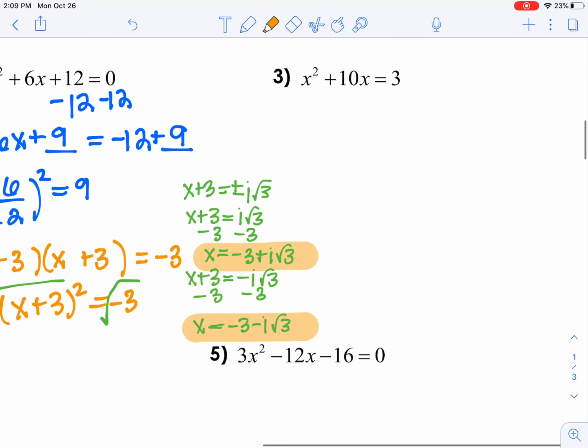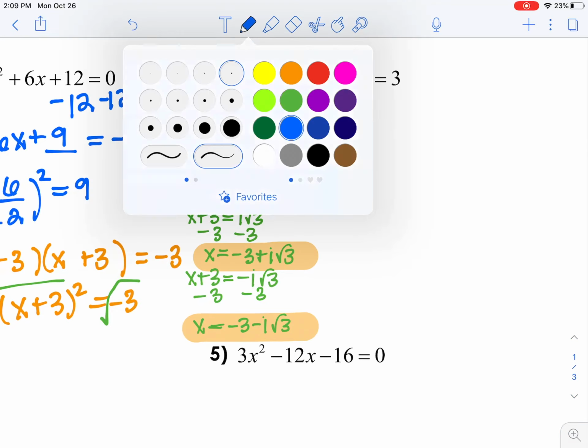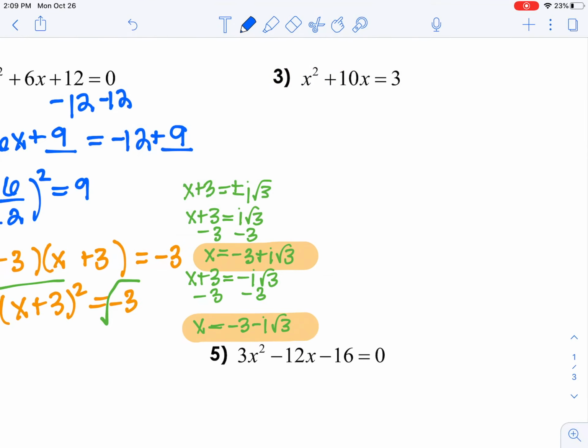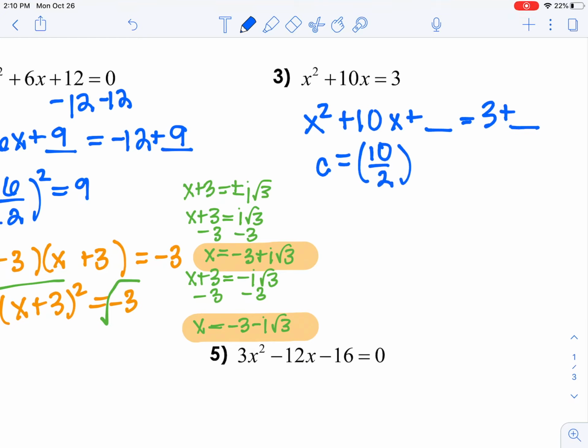Now this guy over here, number 3, it already has its c value on the right hand side. So we are already good to go to add those blanks. So then c equals b, so 10 over 2 squared will be 5 squared, which is 25.